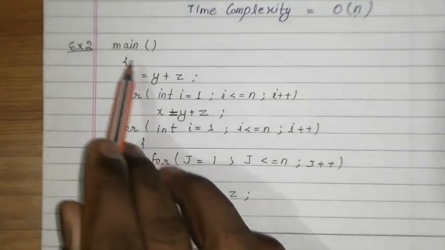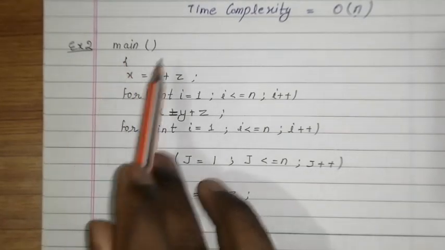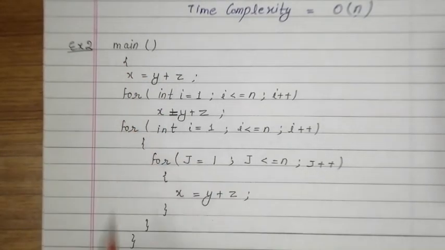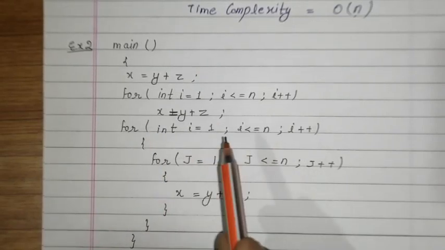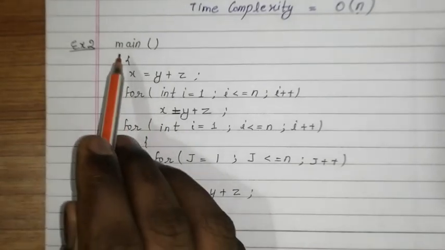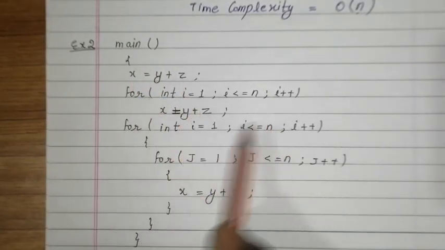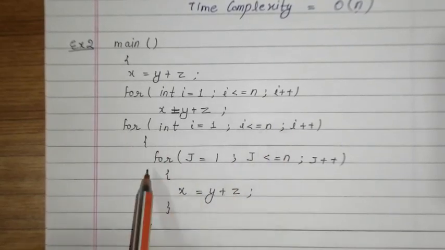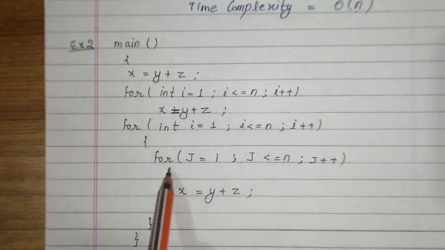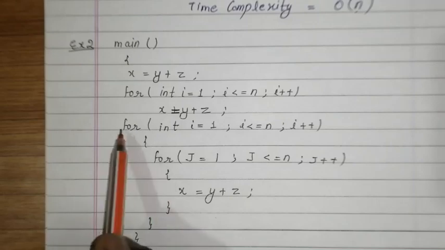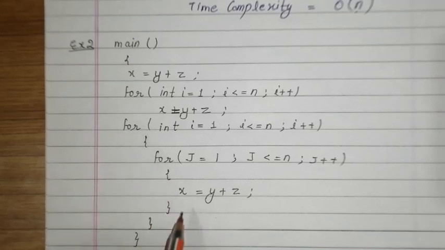Now we see the second example, okay. So the program is given. Now I will read the program and explain how to find the time complexity. Inside main, one statement is given and one for loop is given, and inside that for loop one more for loop is given. This is the outer for loop and the inner for loop.